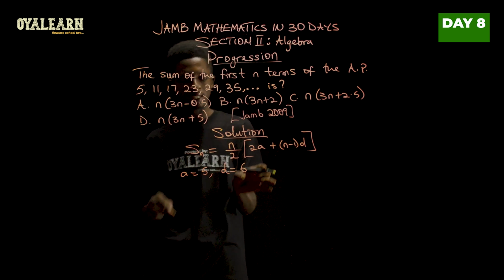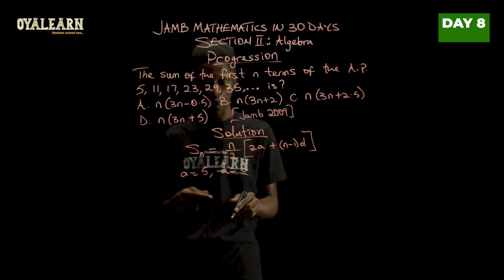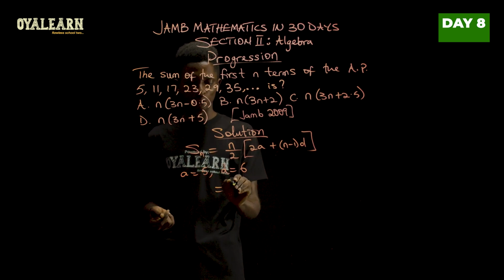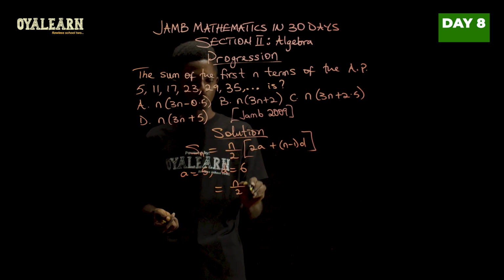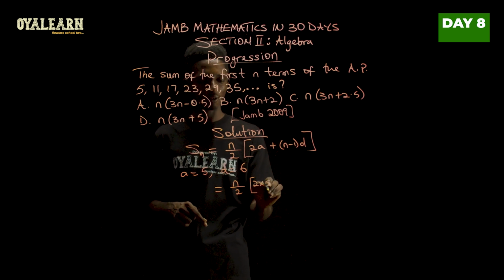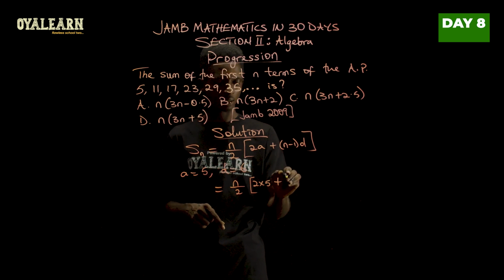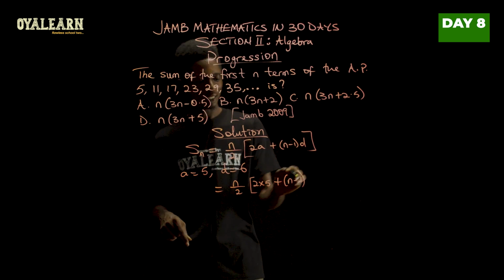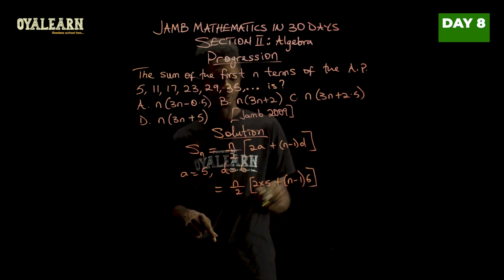Now we plug this into the formula and we should get an answer. Now, n is unknown, so n over 2 into 2 multiplied by A, which is 5, plus n minus 1, and then D is 6.